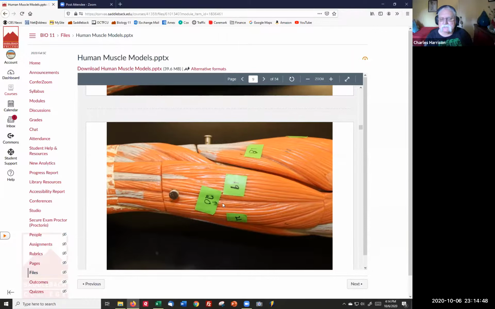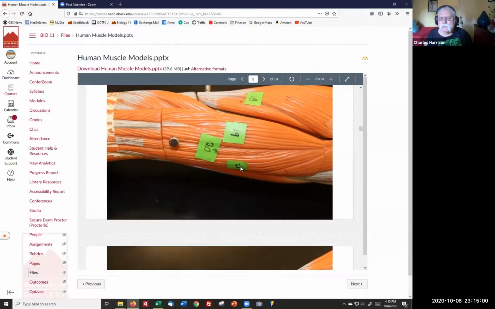Number 20 is the extensor minimi, or the extensor communis minimi. 21, not a good picture. I wouldn't ask it on a slide, but let's do it anyway. It's the extensor carpi ulnaris.